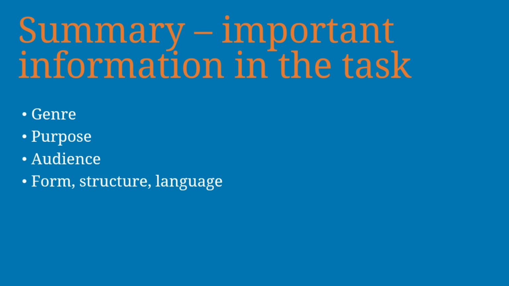Finally, the task tells us to give equal attention to form, structure, and language, making sure to constantly relate the individual parts of the text to the whole. Ultimately, you also need to know the number of points so you can effectively manage the time in the exam.